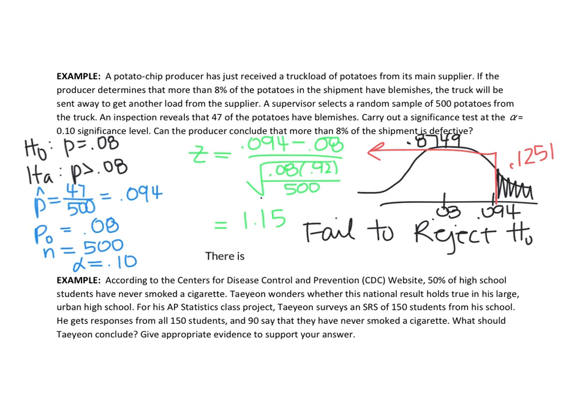So there is no evidence to show that the proportion of potatoes with blemishes is greater than 8%.